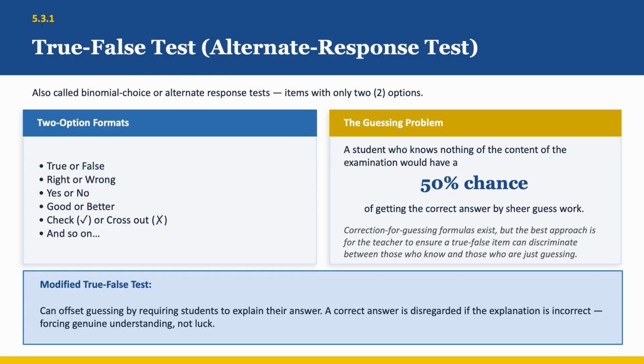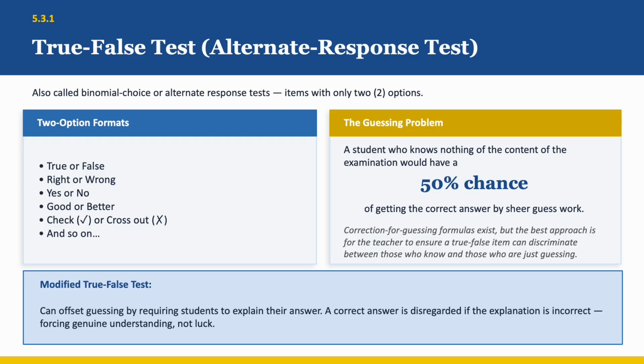Now, here is the big problem with true or false tests. And it's something every teacher must be aware of. Because there are only two options, the student who knows absolutely nothing about the subject still has a 50% chance of getting the correct answer just by guessing. Think about that.